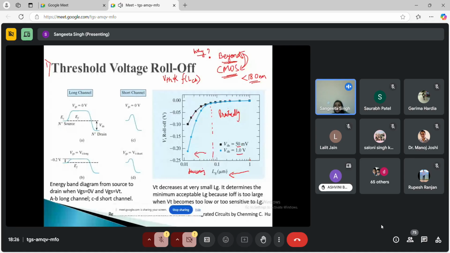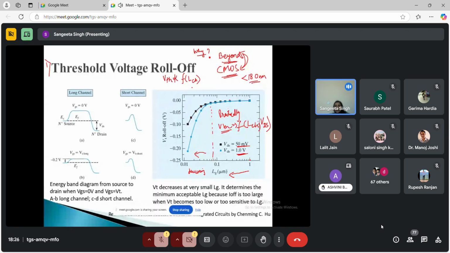My VTH is changing more when my VDS is high. Higher the VDS, higher the change in threshold voltage. So threshold voltage has started acting as a function of channel length, as well as a function of applied VDS.